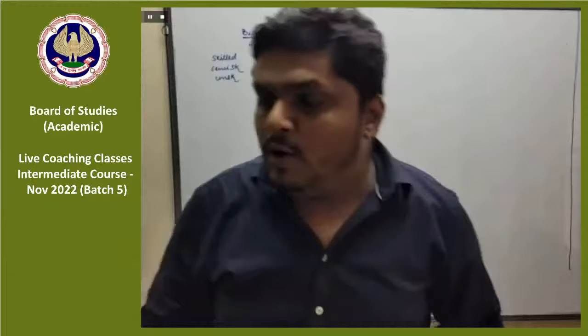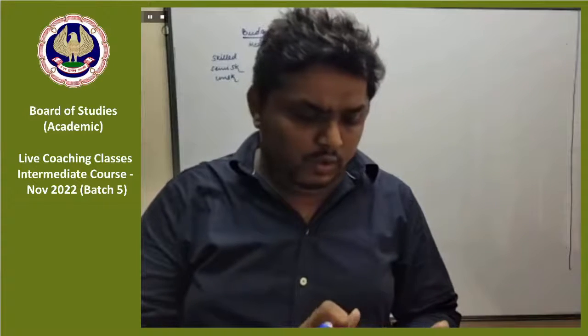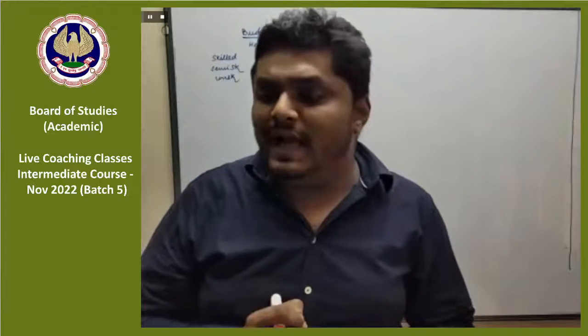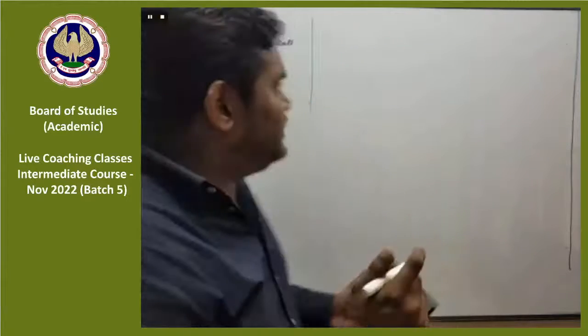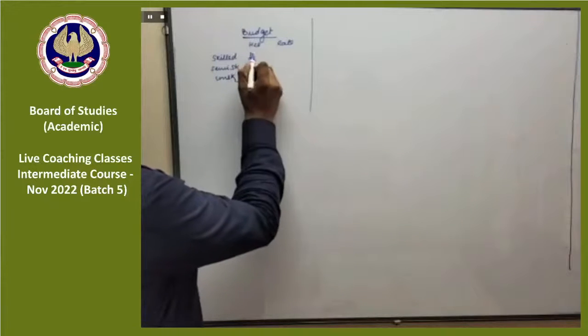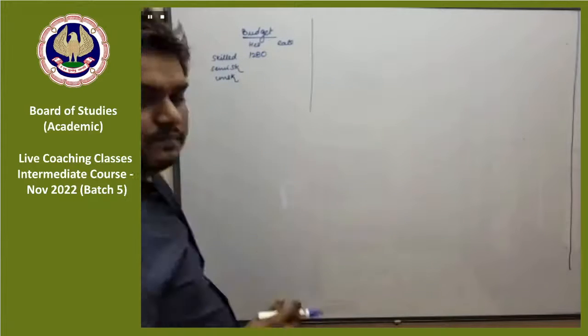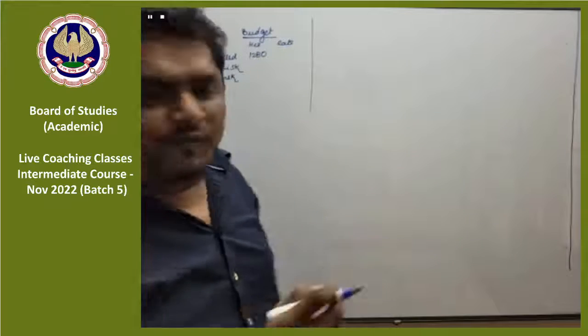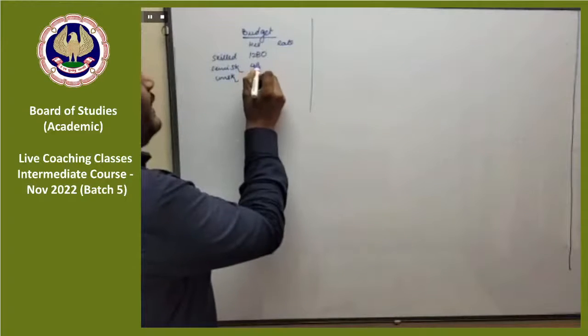When talking about the standard number of workers, there are 32 skilled workers. So 32 into 40-hour week gives the total budgeted hours for skilled workers: 1280. Further, semi-skilled is 12 into 40, that is 480.